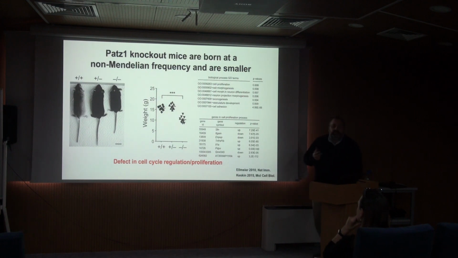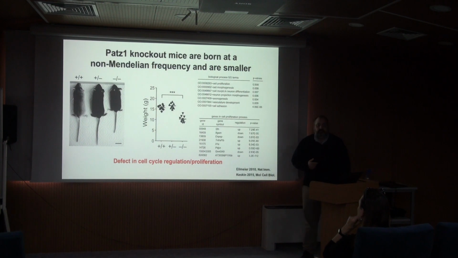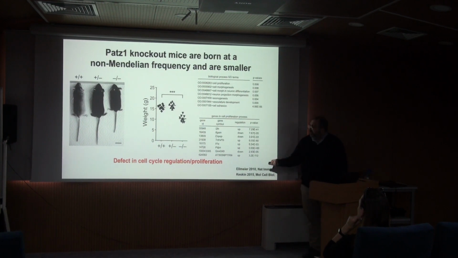That implies that there is some kind of important regulation of proliferation during early development, and in fact we took mouse embryo fibroblasts from these knockout mice and compared them to wild-type mice and did some RNA sequencing experiments. The most significant differences are in cell proliferation, but also cell cycle regulation and DNA damage responses.